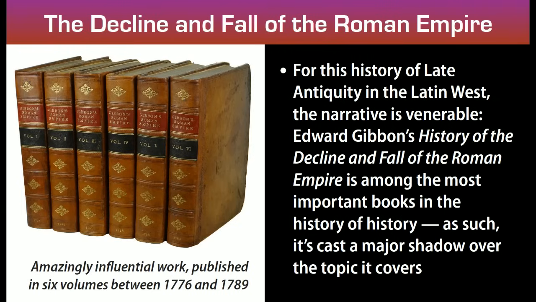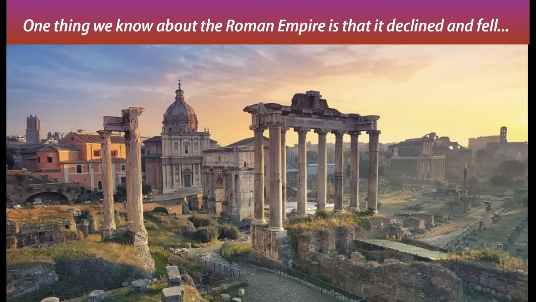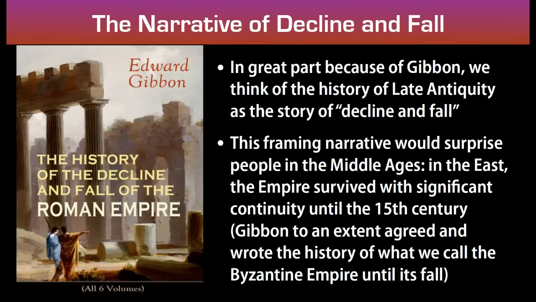As a result of it being so important, what Gibbon wrote has really affected all of how we view this history ever after. And so, for example, one of the things that we know about late antiquity is the Roman Empire declined and fell. And that's one of the frames that we then view everything through.